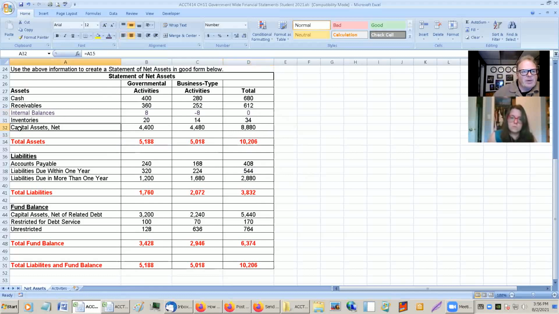Now here's the weird thing about this, because this is something that's not on the regular governmental financial statements. They put on capital assets. These are like property, plant, and equipment.